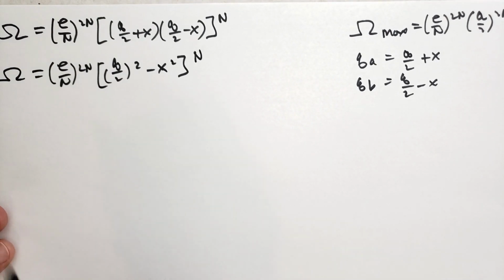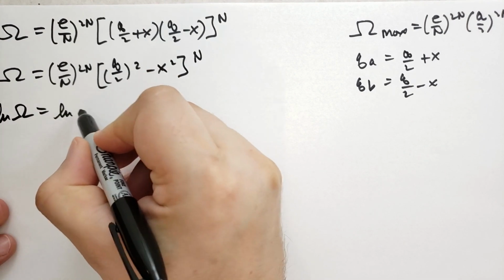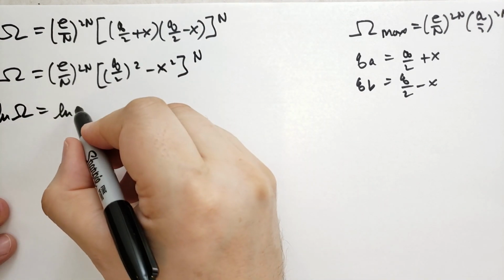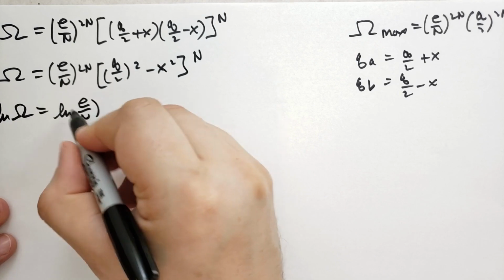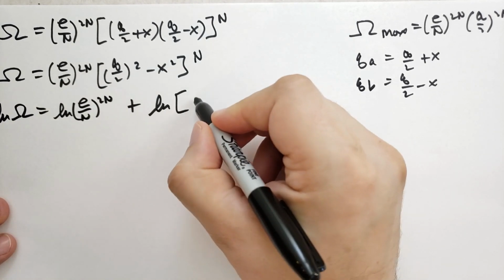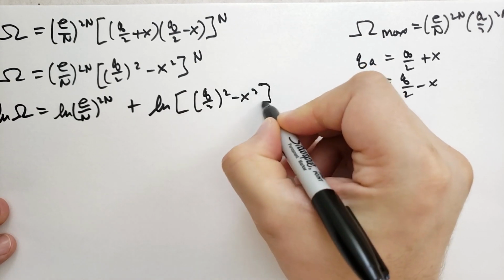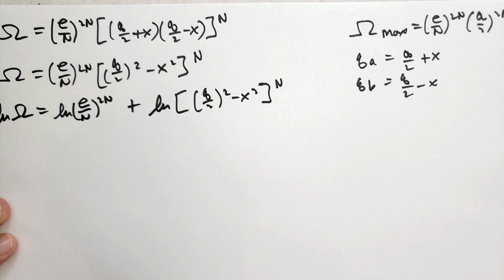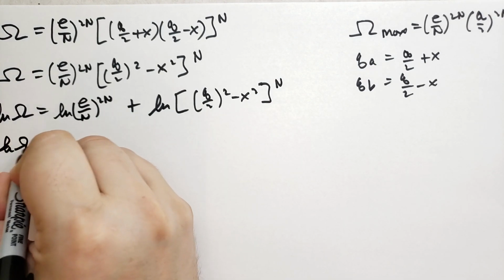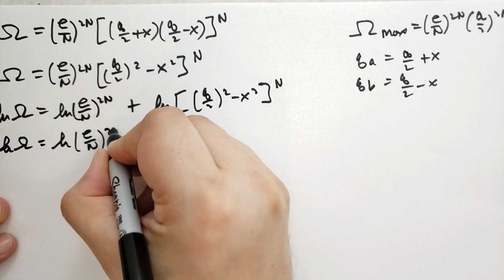So at this point, I'm going to take the log of both sides, and we're going to have the log of (E/N)^(2N) plus the log of this mess, ((Q/2)^2 minus X^2) to the nth power. The reason is I want to rewrite this in a different way.